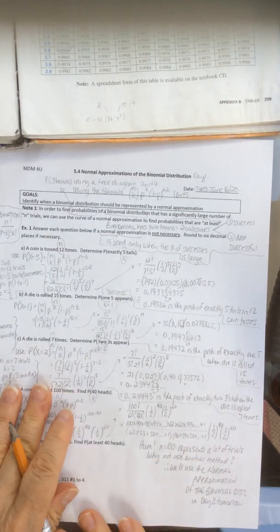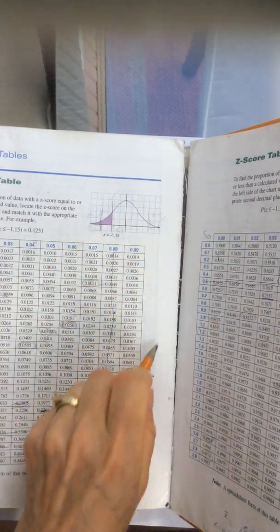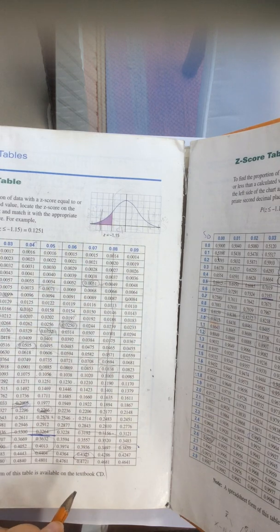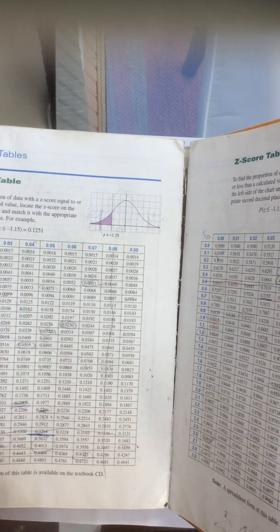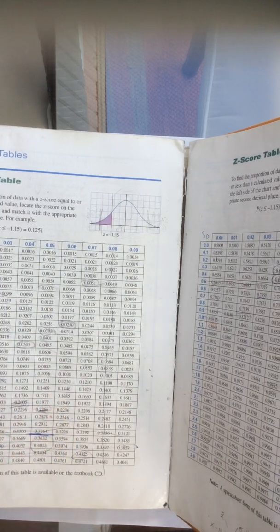Right? So what did I say at the beginning? I said that this Z table represents probabilities that represent multiple trials, maybe trials of 100, maybe trials of 500, large sample sizes, and that's where the Z table comes in for these questions in 5.4.